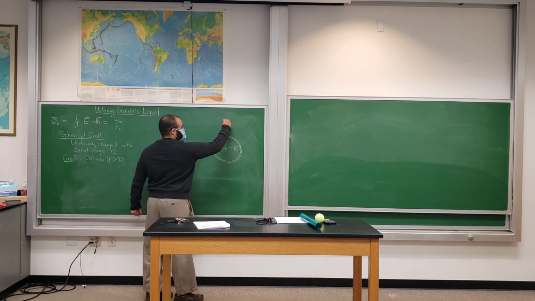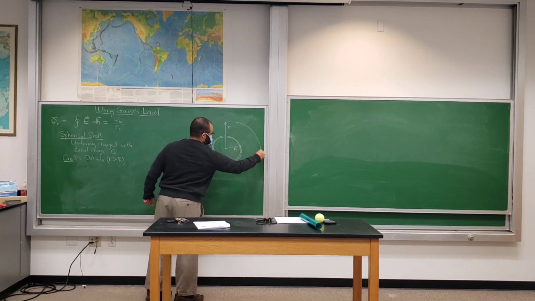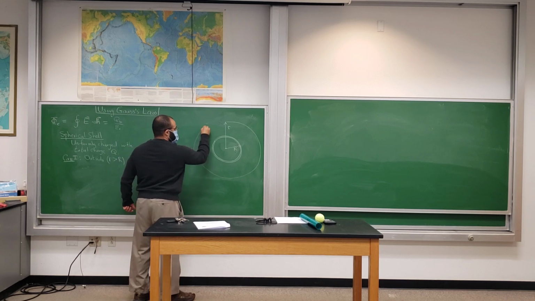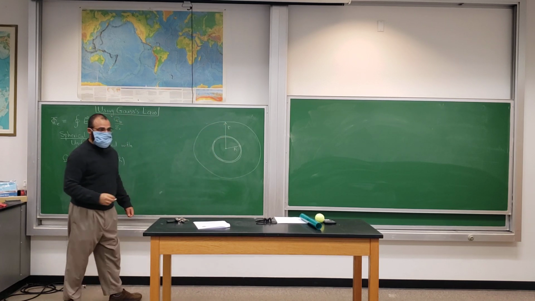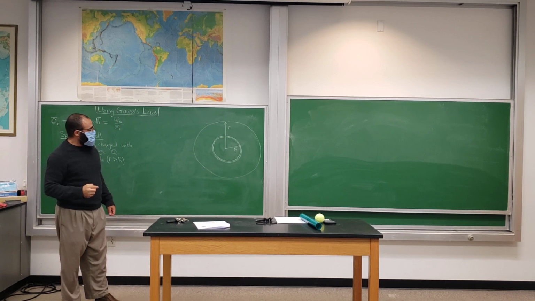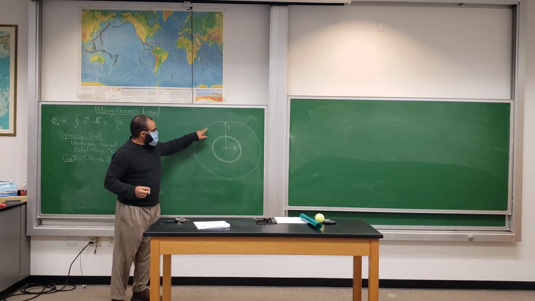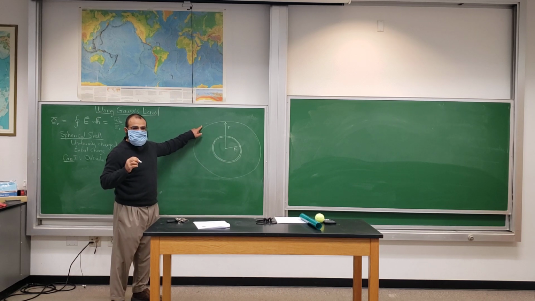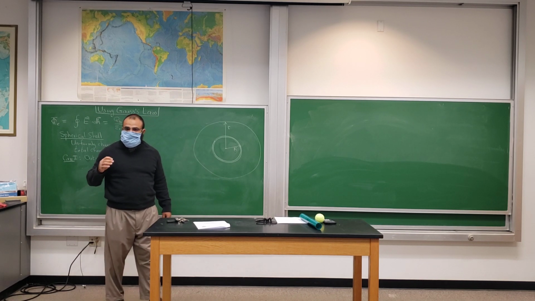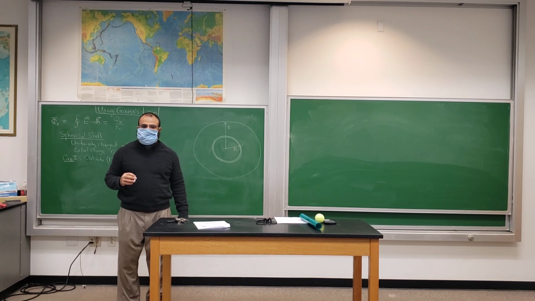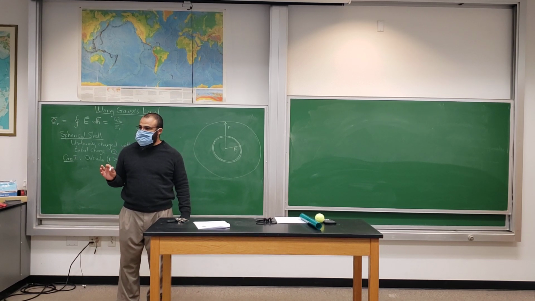By a sphere, I mean draw something that looks like this, and we will see why a sphere works best. Now, as long as you're at the same distance away from the center, you expect the electric field to be equal or different? Equal. Yeah.